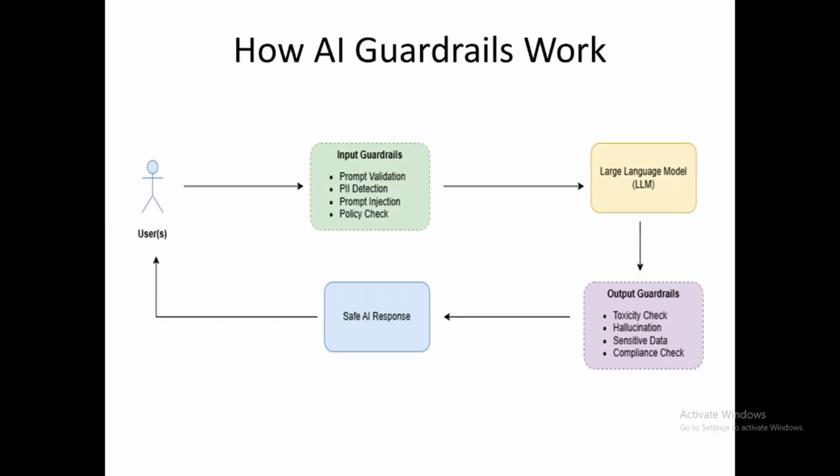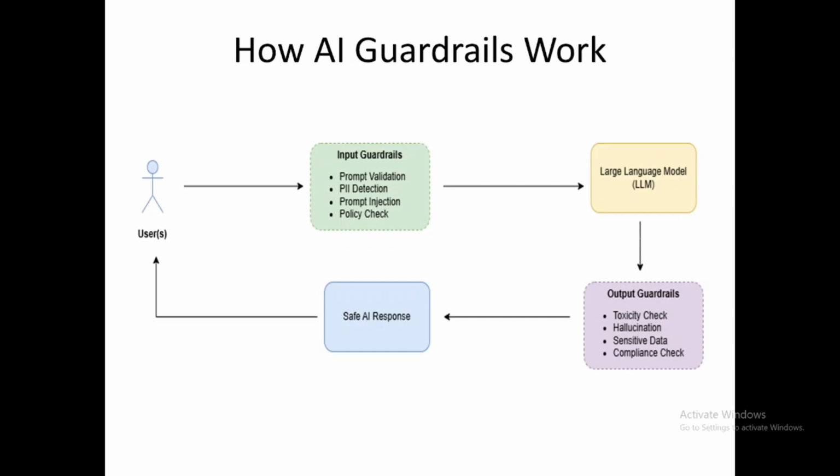But what is happening behind the scenes? Input guardrails are validating the prompt, detecting PII, checking for prompt injection, and doing a policy check. Once that is done, only then are we sending our prompt to the large language model.